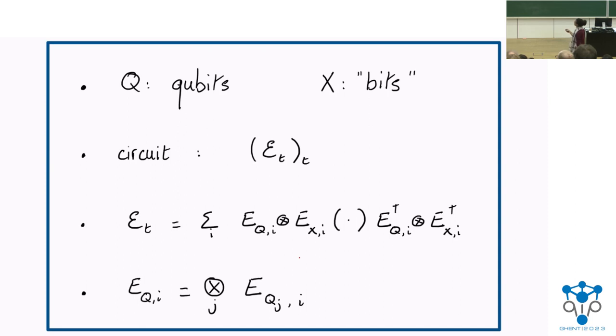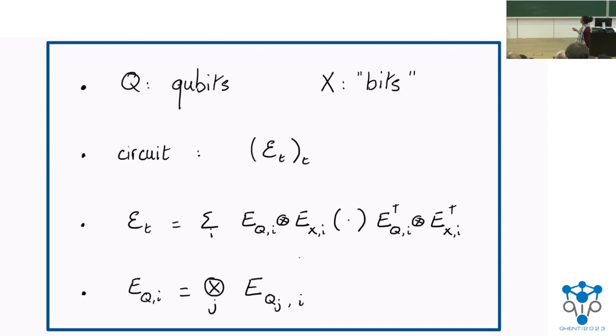So the quantum register is just going to be a set of qubits. The classical register, although it is technically supposed to be a set of bits, we are actually going to treat it as just a normal Hilbert space.